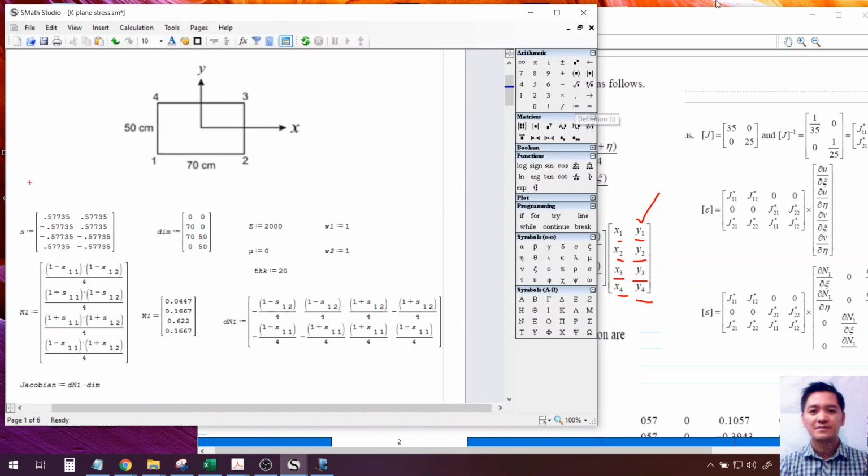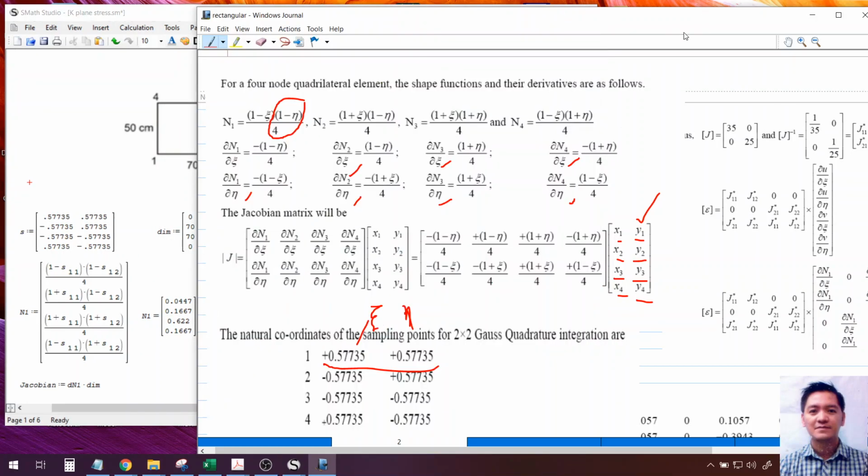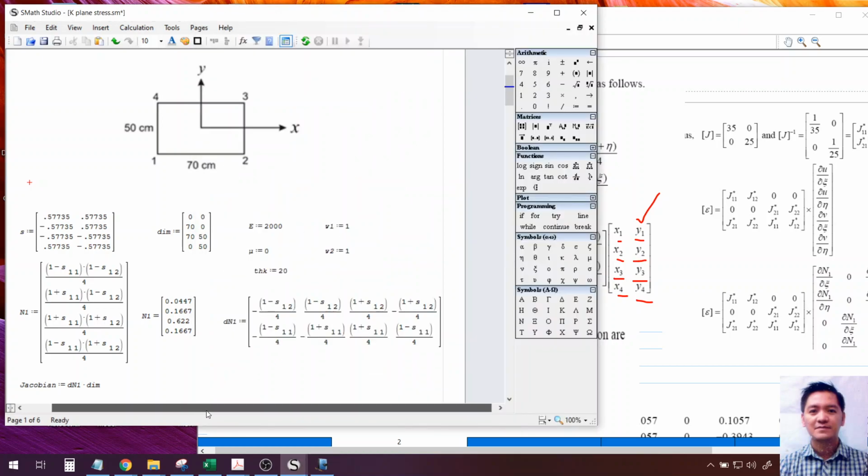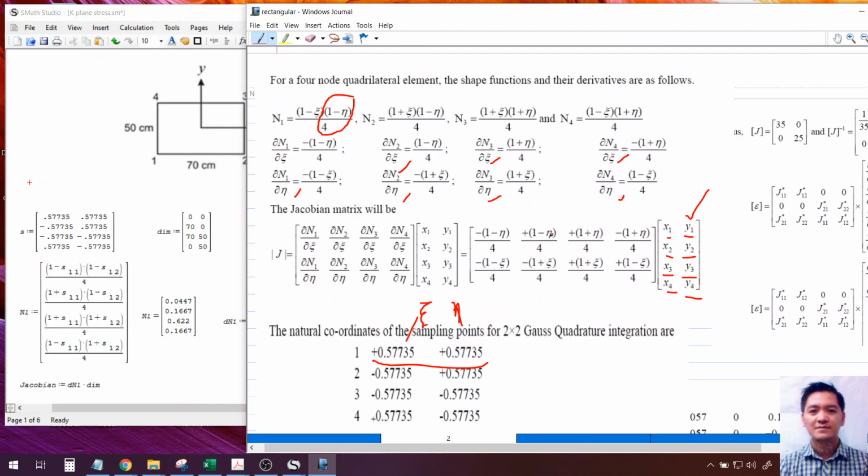Okay. Next is dndc, yung value nito is simply this one. Okay. Pinangalanan ko lang siyang variable na dn1. No? Pero yan yung actually yung dndc.